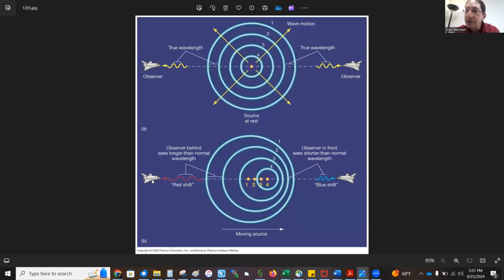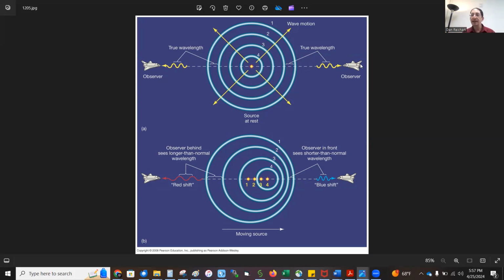In the top figure, we have a source that's stationary. It's emitting light or radio waves, whichever, and each concentric circle here corresponds to the crest of a wave. So the spacing between them is the wavelength. Now, if the source is stationary with respect to us, we receive the same wavelengths as it emitted.